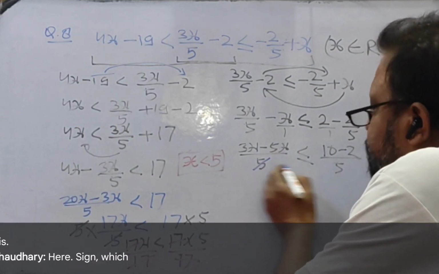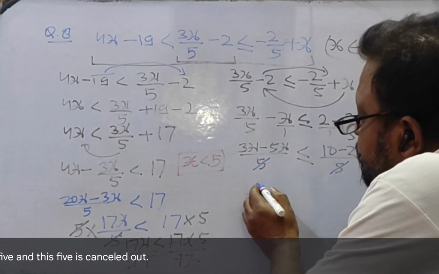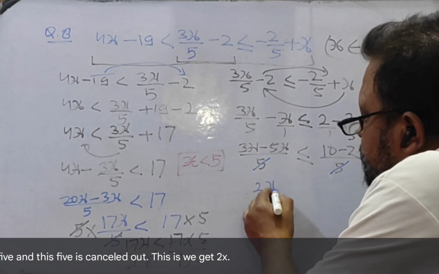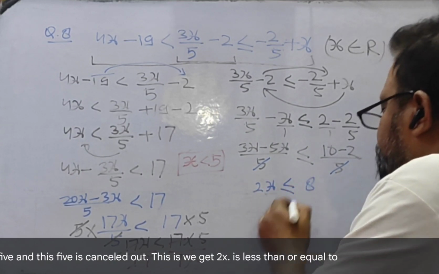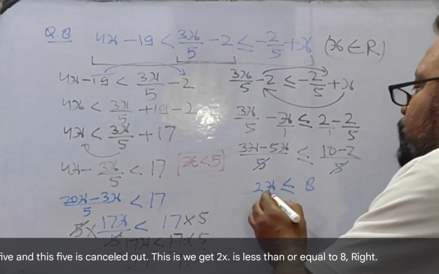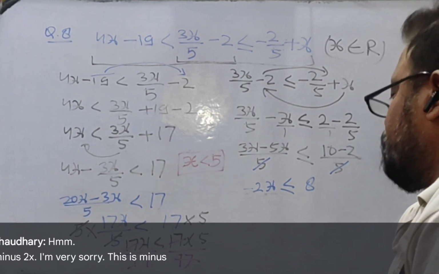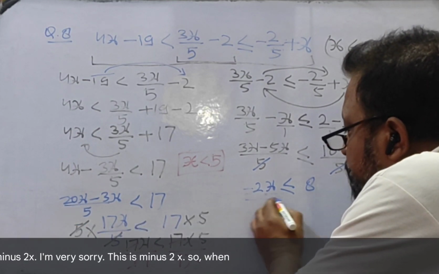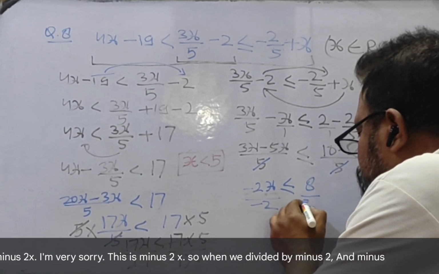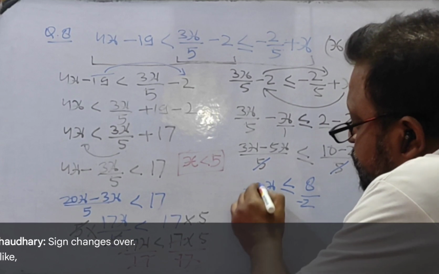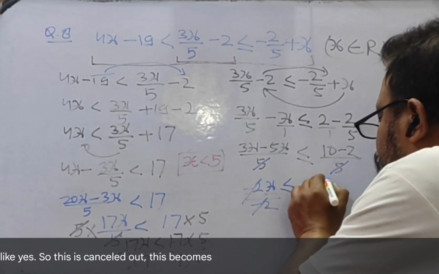This 5 and this 5 are cancelled out. We get 2x is less than or equal to 8, right? No, minus 2x, I'm very sorry. So when we divide both sides by minus 2, this is cancelled out and this becomes 4.